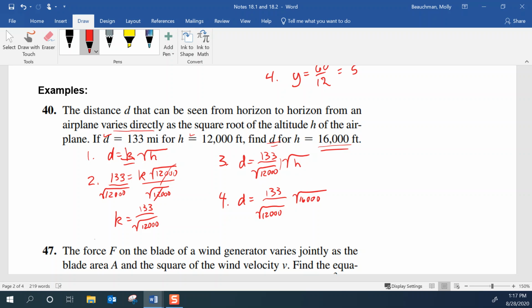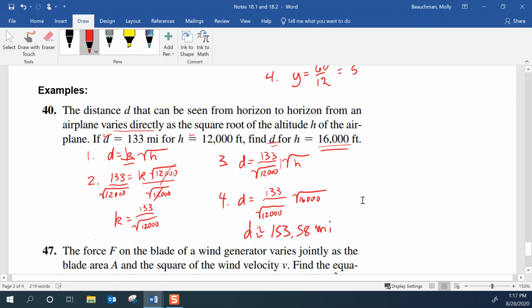So I get 133 times the square root of 16,000. Then I'm going to divide that by the square root of 12,000. And I end up with, I'll round to two places, about 153.58. And this would be in miles. Okay, that one's a little bit more complicated because we have the square roots in there, but the process is the same.